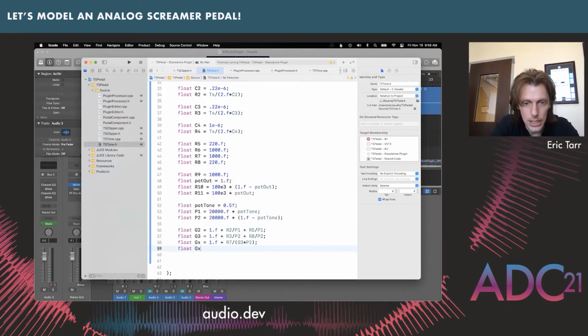Float Gz is 1 over R1 plus 1 divided by R6.